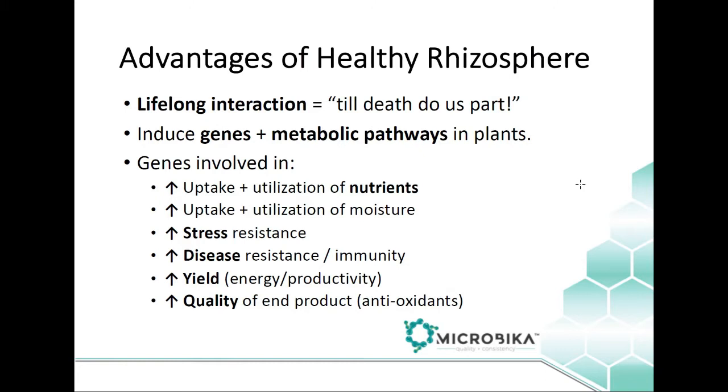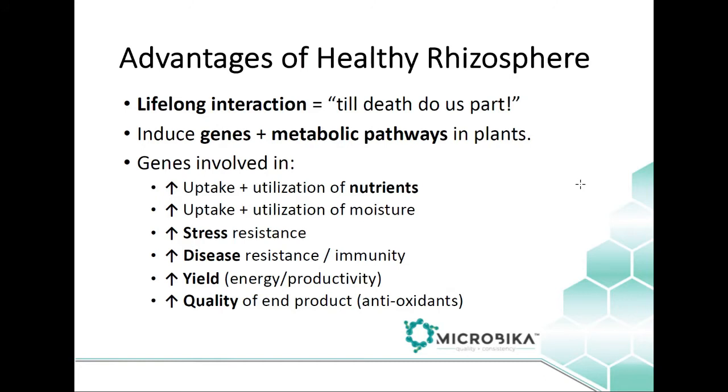And then these microbes in the rhizosphere are also very involved in the energy economy, or the productivity, of this plant. And that in the end translates to yield. So the plant must obviously have enough energy for its metabolic functions, but also to secrete to the microbes in the rhizosphere. So the microbes will do anything to put this plant in a better energy economy, to give a bit better yield, but also to support them.